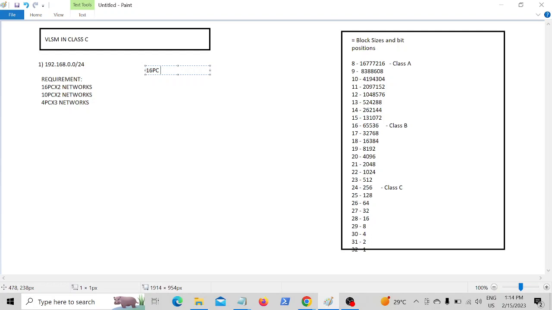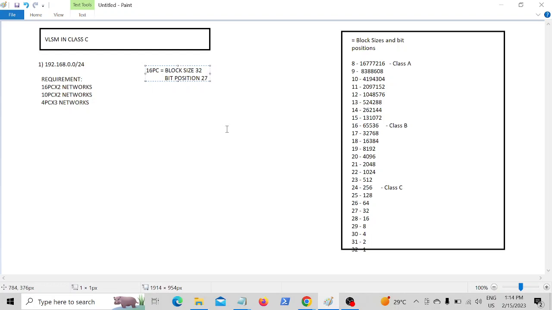Okay, so block size 32, and its bit position is 27, right?